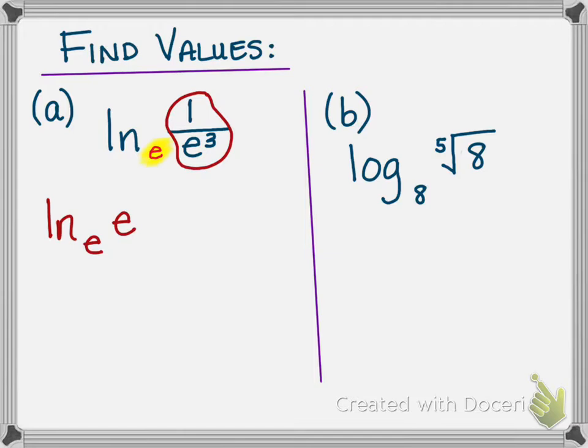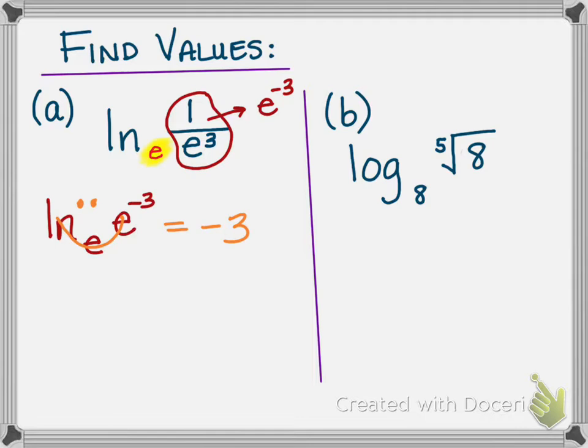So I'm going to rewrite this whole thing as e to the negative 3. So I'm going to put the negative 3 right here. E to the negative 3 is the same thing as 1 over e to the third. And so now I am happy to get rid of that. So I can now say my answer is negative 3. And you're done.